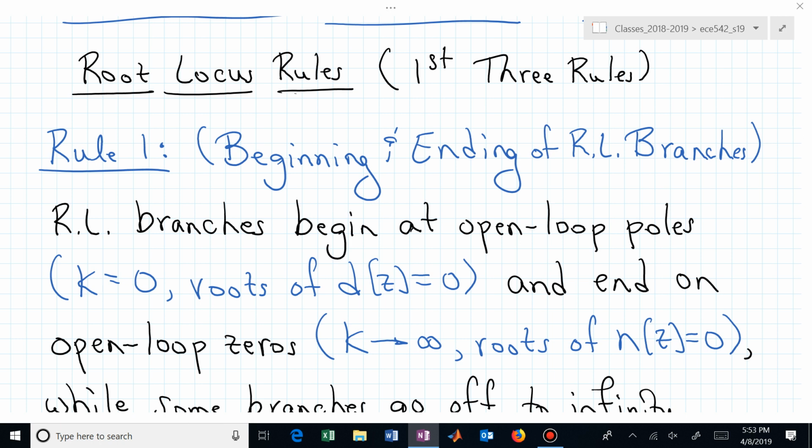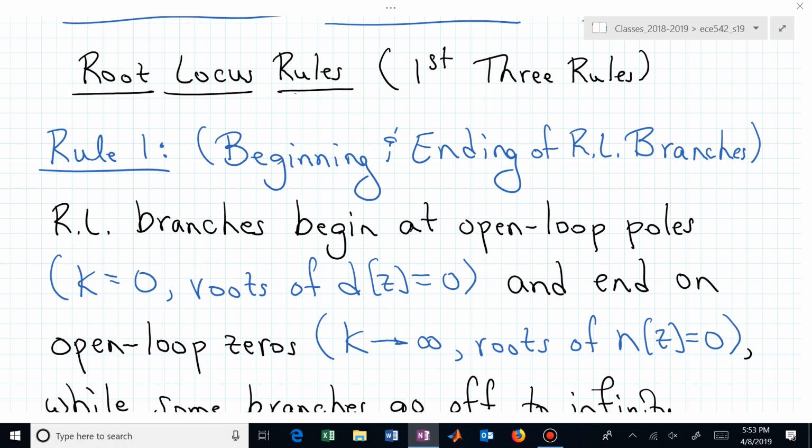So the number of poles and zeros plus 1. Is that the number of branches we have of our root locus? How many branches of the root locus do we have? Any other thoughts? Yes?